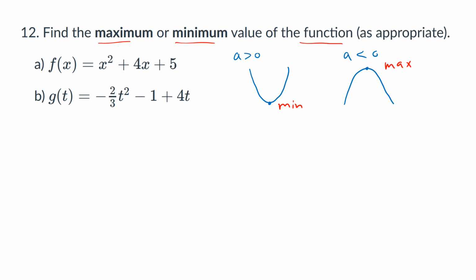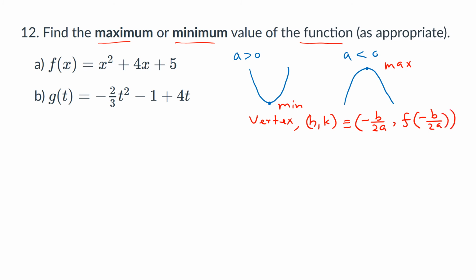That means the vertex, which we normally write as (h, k). The h is always given by negative b over 2a. That's the h value. For the k value, you simply plug the same value back into the function, so it is f of negative b over 2a.